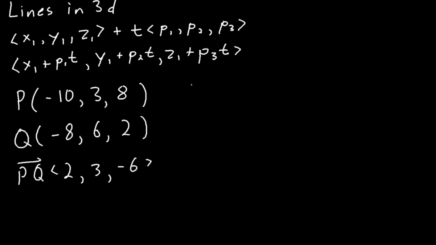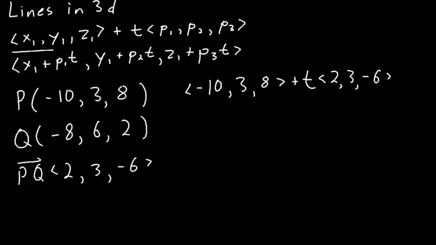Just solve for one. -10, so we're going to use P. -10, 3, and 8. Okay, that's supposed to be a vector. Plus t, any parallel vector goes into here. It's 2, 3, and -6. There it is. This is this form up here in the line with these 2 points.